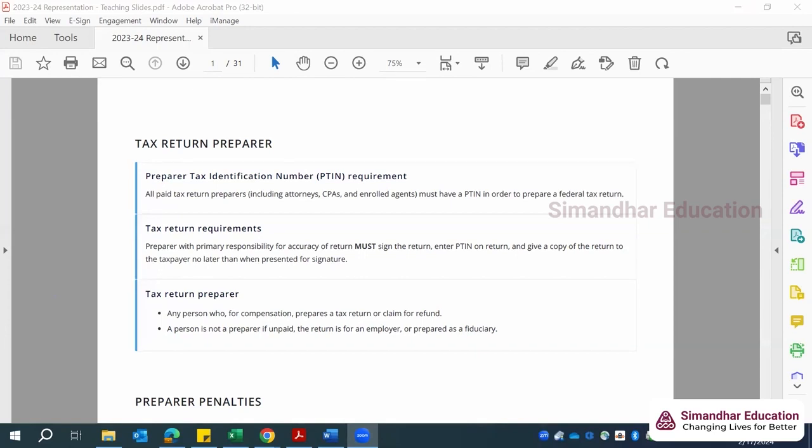Yes, that is correct. So in the United States, the Internal Revenue Service is the government body that looks after the tax system in the United States. So they are the ones who are writing the Internal Revenue Code. They are the ones who are publishing instructions on how to file the form.